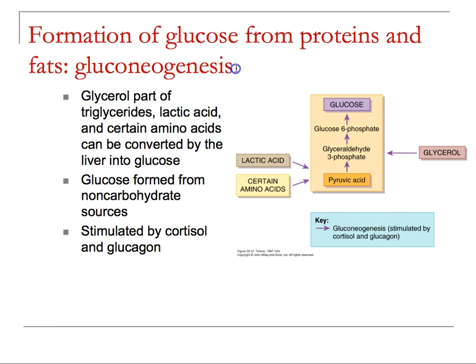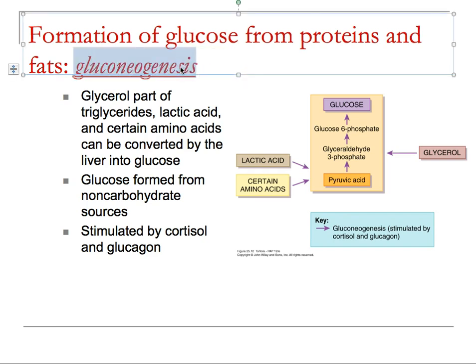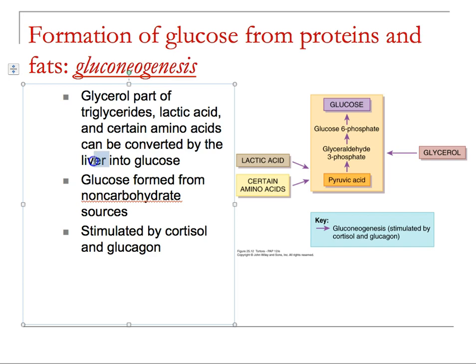First of all, it's called gluconeogenesis. So let's bold underline that for you. Okay. Number one. Number two, where glycerol, part of triglycerides, lactic acid, and certain amino acids are converted by the liver. So these are the hepatocytes. So the hepatocytes are responding to cortisol and glucagon so that you actually form non-carbohydrate sources of glucose.